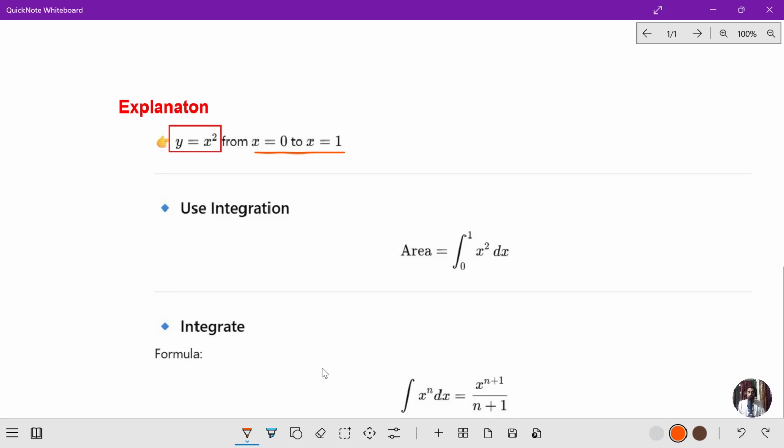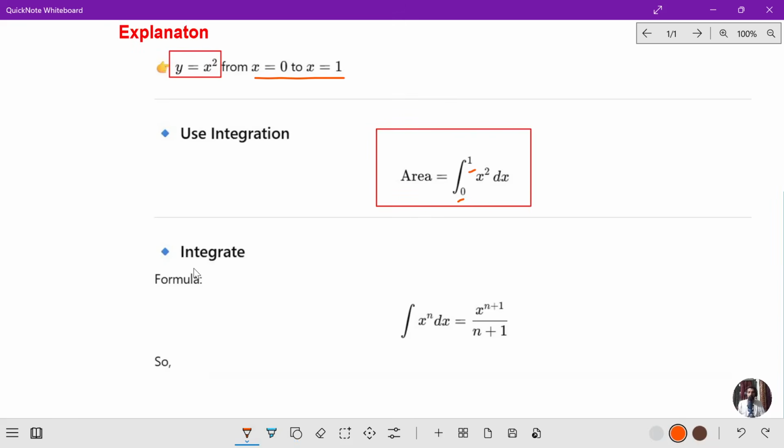The area is the integration from 0 to 1 of x square dx. We know the integration of x power n is x power n plus 1 by n plus 1.